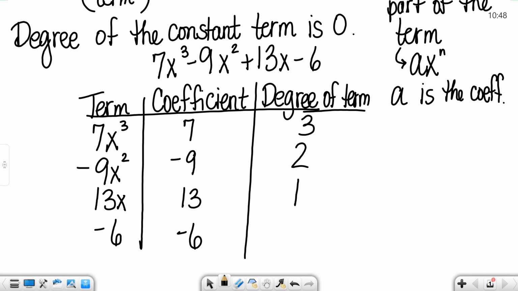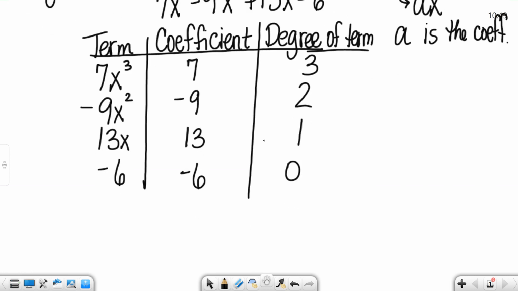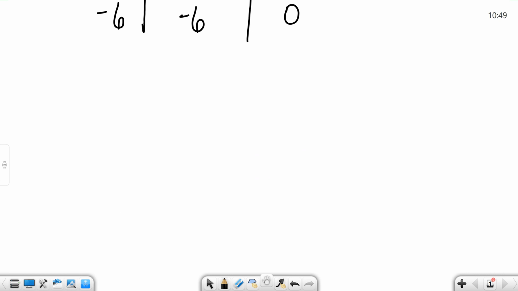Remember, when there is not an exponent on the variable, we understand that it is 1. And our constant doesn't have an exponent, so as I wrote above, the degree of a constant term is always 0. This table is something that you will see in my math lab in one of your assignments, so you can revisit that if you need to.